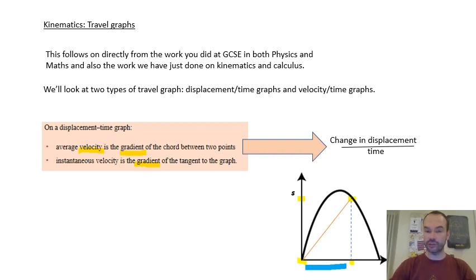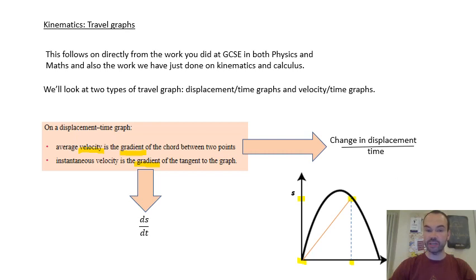So the average velocity would be this measurement divided by this one. However, if I wanted the instantaneous velocity, I want the gradient at a point.